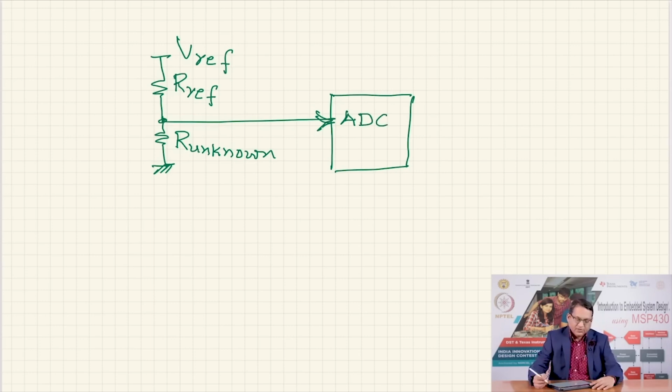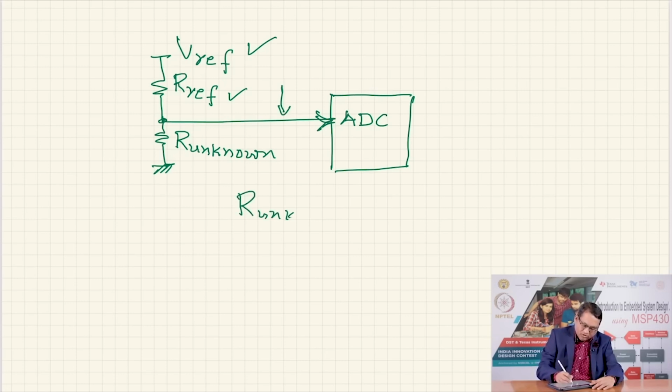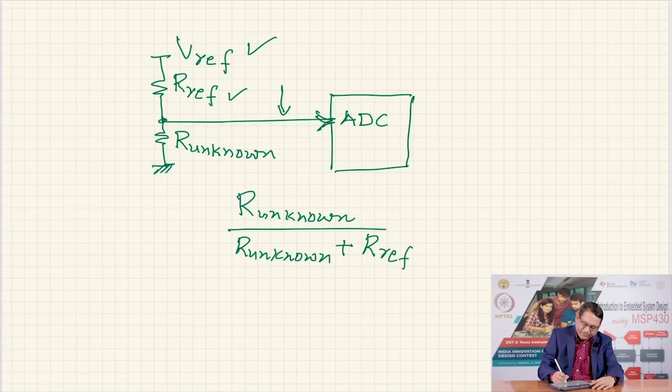Now since the system knows the value of Vref, the system knows the value of reference, therefore the voltage that is produced at this point is equal to R unknown divided by R unknown plus R ref into Vref.